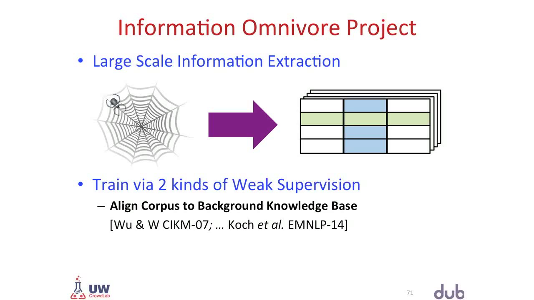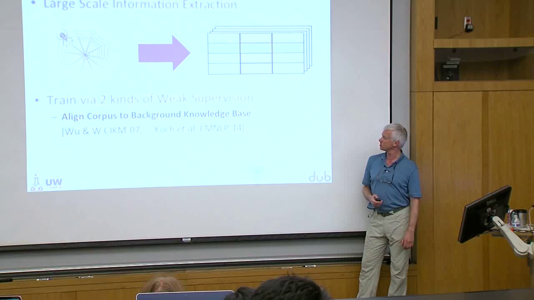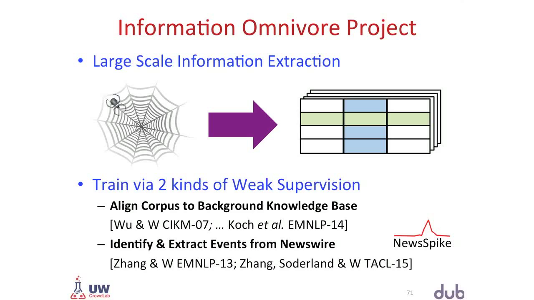We've developed a number of different kinds of weak supervision that allow us to learn these extractors dynamically. One technique aligns a background knowledge base with the corpus, and another one automatically identifies new events and learns how to extract them.